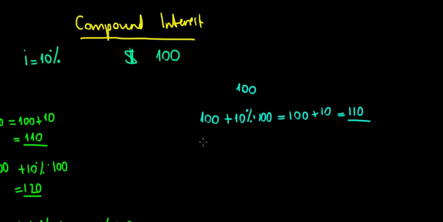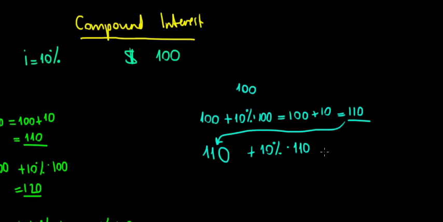Okay, we got that. What happens one more year from now? Well, we now get the 10% from the $100 initially plus the $10 that we got in 1 year. So we would have 110, which is from here, plus 10% of this $110, and that's equal to 121.